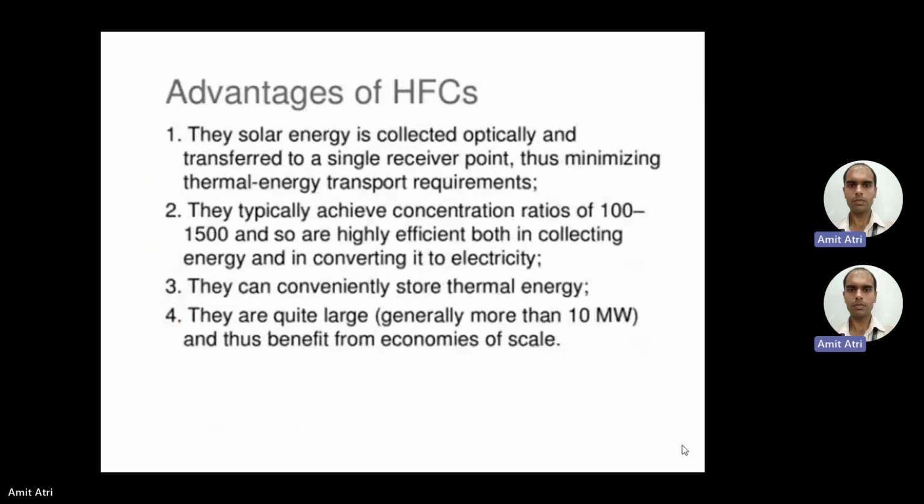So they typically achieve a concentration ratio of 100 to 1500 and so are highly efficient both in collecting energy and converting it into electricity. They can conveniently store thermal energy and they are quite large, generally more than 10 megawatts, a big value, and thus benefit from economies of scale. So these are the advantages which we are getting from this type of collectors. Okay, thank you.